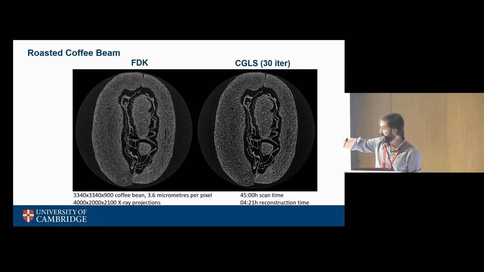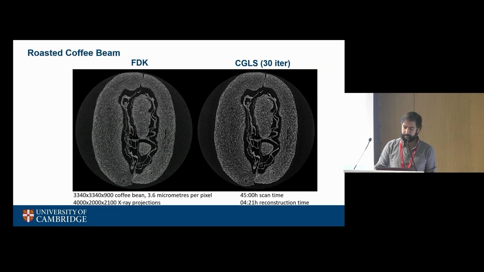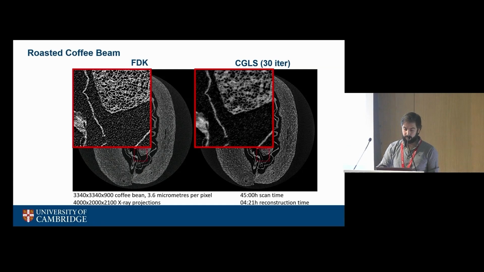The projections are really big, and there are 2,000 projections, which is quite a lot. It took about 45 hours to scan. That's FDK. This one is one of the iterative algorithms, which took about 4 hours to reconstruct, which compared to the scanning time, I think is reasonable. In particular, this is a good example because I would argue that's really high quality data. And if we zoom in, I would argue that iterative algorithms are doing way better than your standard reconstruction.